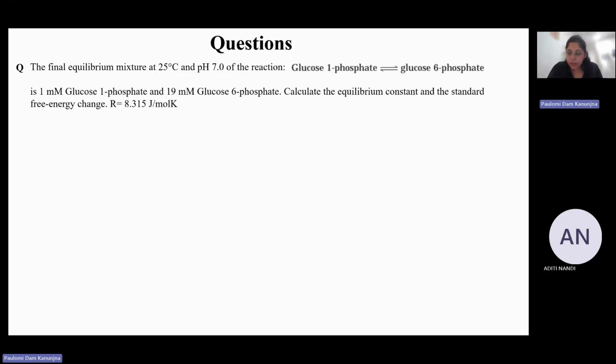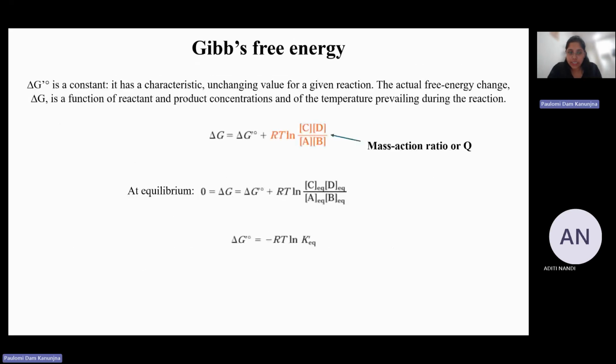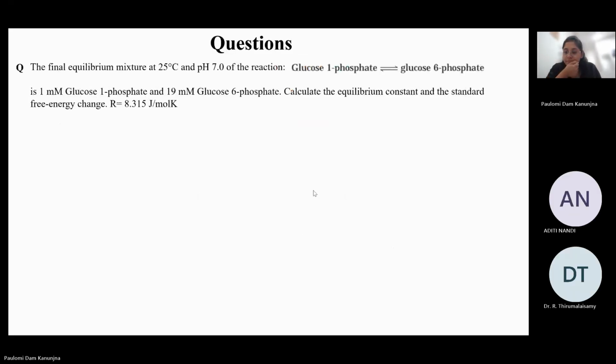Are you sure about the unit of delta G? Is it just kilojoule? Okay, maybe I'll give you the answer and then you can check. So you're correct. It's minus 7.3 rounded off kilojoule, but it's kilojoule per mole.